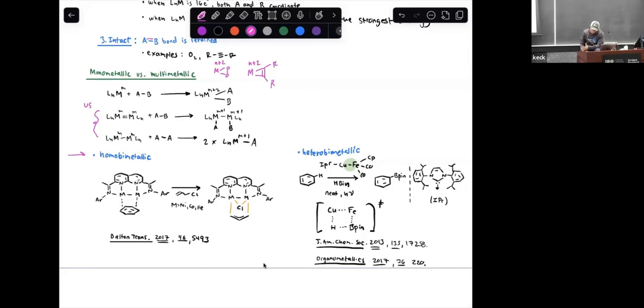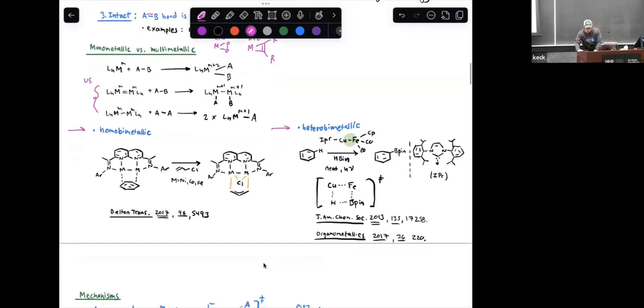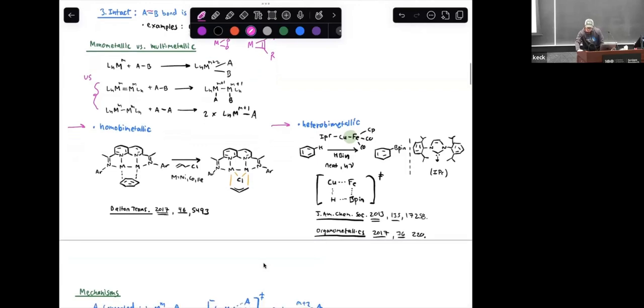There are also heterobimetallic, so cases where there's a metal-metal single bond or multiple bond that's non-symmetric, and then upon oxidative addition, you will form a bonding interaction at each of the metal sites. And so this is an example specifically from Neil Mankad's group in the context of a catalytic CH borylation, reminiscent of the ones you might typically see catalyzed by iridium, a nice base metal solution to a reaction typically promoted by precious metals.